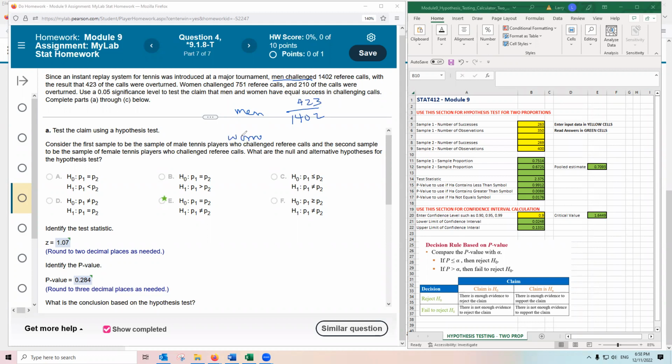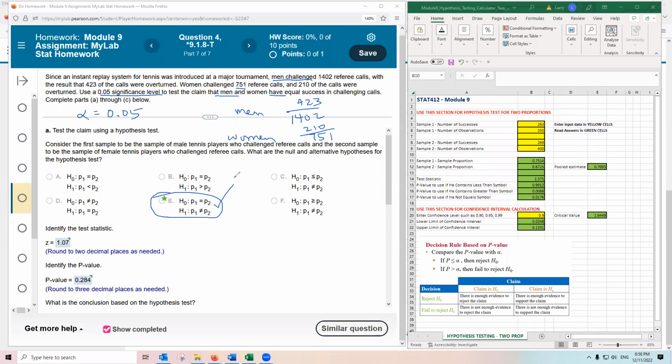For women, they challenged 751 and 210 were overturned. Use 0.05 significance level. So they're telling us to use alpha equal 0.05 here. And test the claim that men and women have equal success. Well, equal success means we want to use an equal sign for the null, and the complement of equal is not equal. So we're going to use this setup right here.